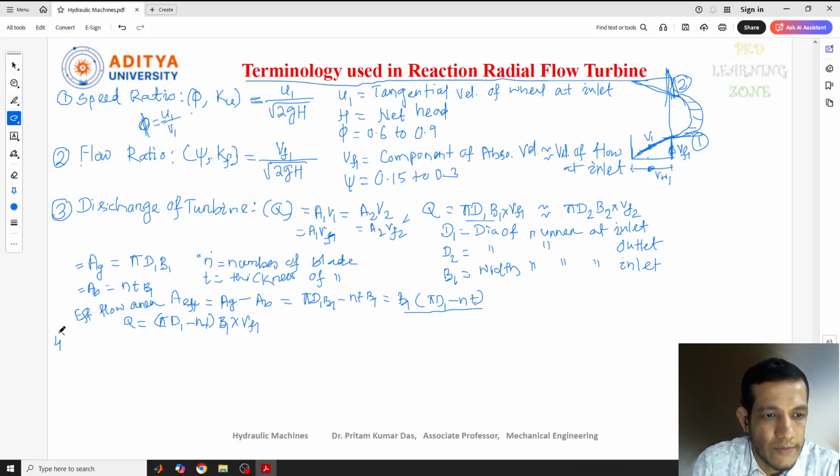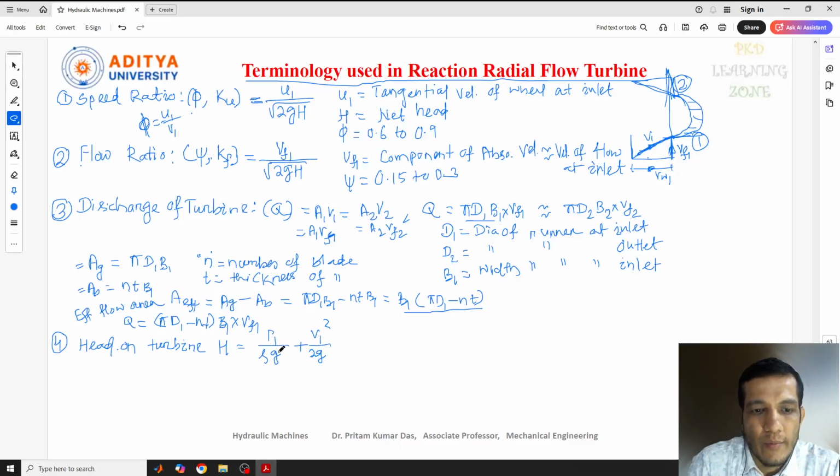The next one is the head on the turbine. We can write head on turbine H equal to P1 by rho g plus V1 square by 2g.